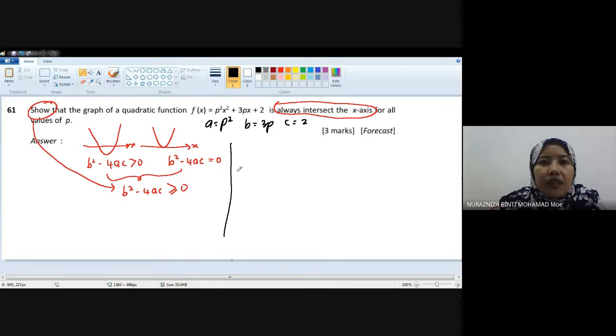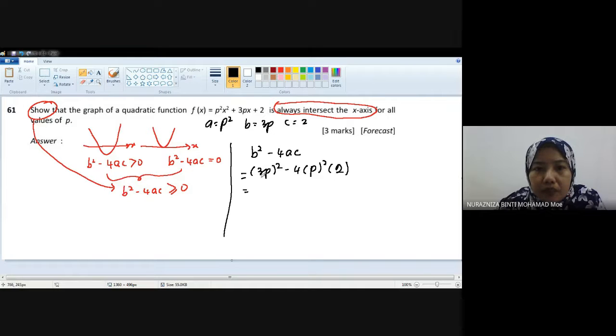For a show question we cannot use this, we want to show that yes, we do get b squared minus 4ac greater or equal to 0. So we just do b squared minus 4ac, substitute b with 3p squared minus 4 times a times c.